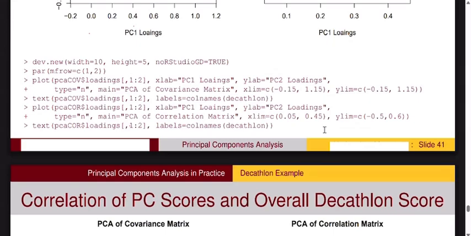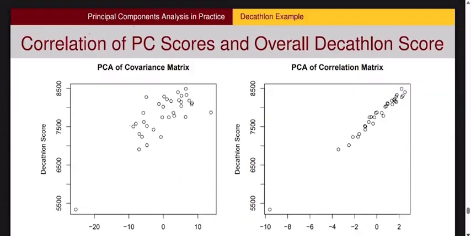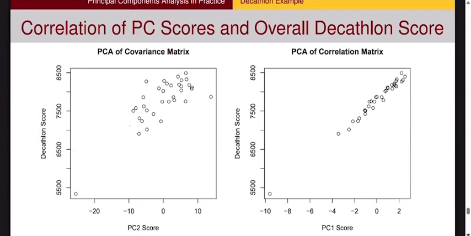Now I'm going to move on. I think I provided the code. You can study that. But you know what I'm doing now? The other time I was trying to show you that covariance must exist between the old feature and the new feature. What is the old score here? It is the Decathlon score. Is there a relationship between the PC2 score and the Decathlon score?